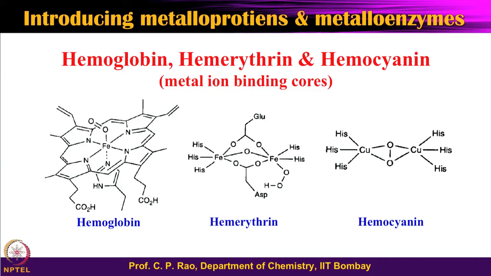That is what I showed you on the previous slide just by looking at the iron oxidation state in the oxy form versus the deoxy form. Very easy. And of course, the 2 ions are bonded by 3 histidines and 2 histidines respectively, and these are bridged by the carboxylates. We will come to more details later on.